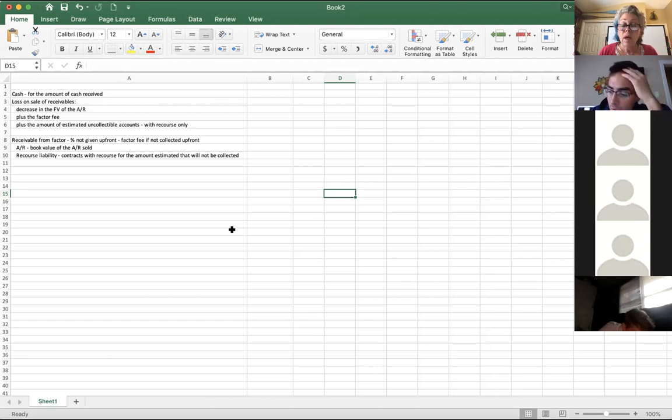Why does the fair value decrease? The fair value of accounts receivable decreases because we know we're not going to collect 100%. Also, remember, with accounts receivable we aren't charging interest, but certainly when a factor is buying receivables, they have to take into consideration time value of money.